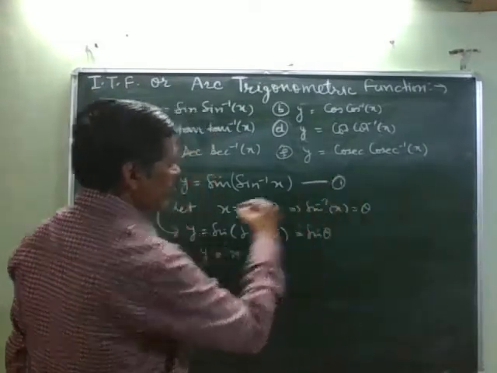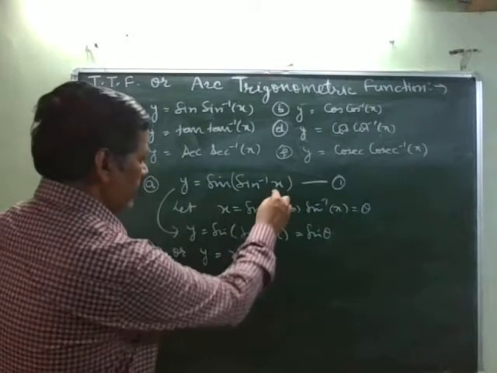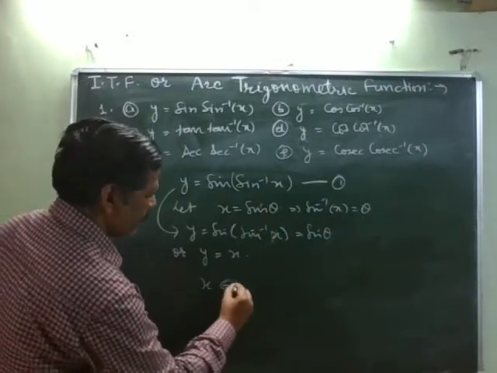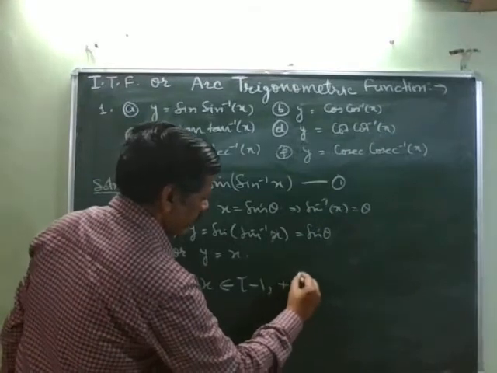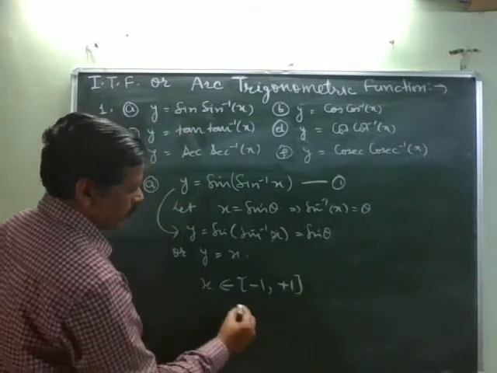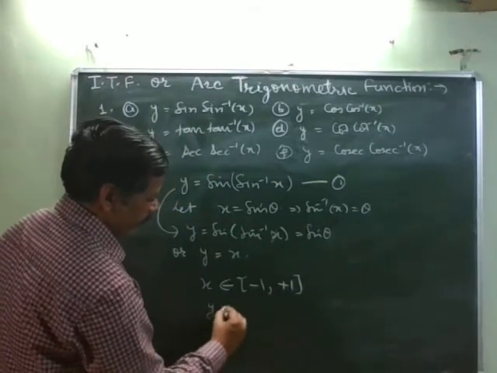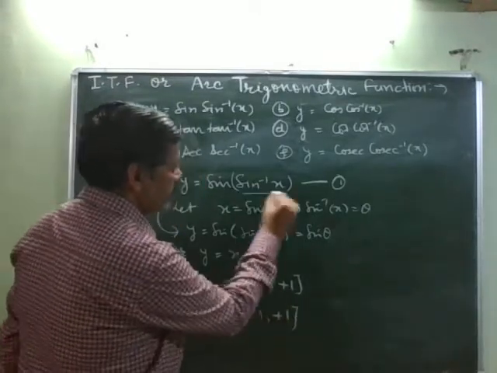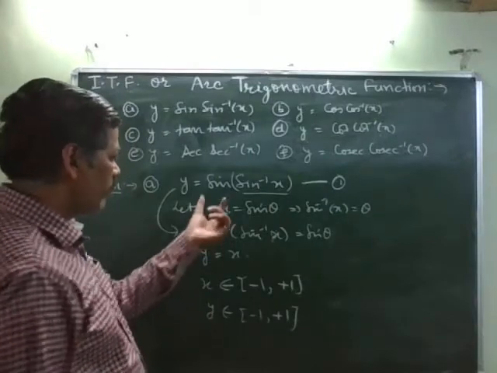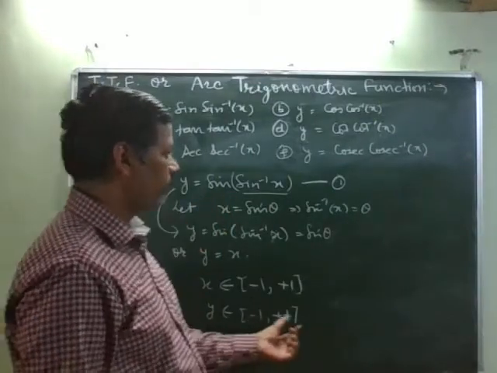Now from equation 1, x ranges from -1 to +1 as well as y, because this is the angle, the sine value ranging from -1 to +1.